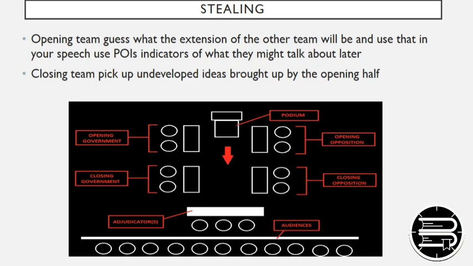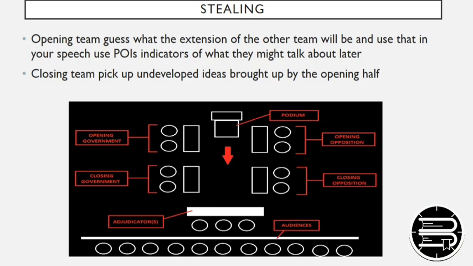If they give you a POI, use it to your advantage, and continue to indicate that the opposition is going to talk about this, but don't listen to them because of this and this. You are trying to predict their extension, and once you have aligned yourself with the extension you expect the opposition to say, you have won the debate, because you are already in their shoes, and it's going to be very difficult for them to come to the podium and lay out some of the important points, because you've already opened their case.